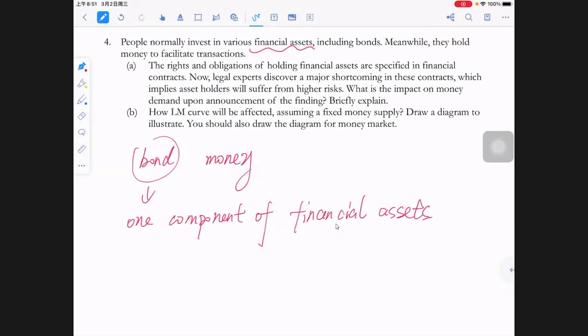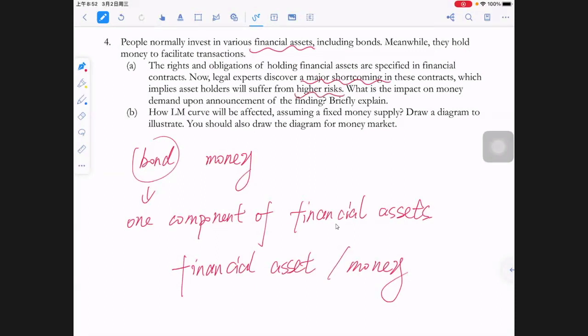Then for this question, people either hold financial assets or hold money, okay? And then let's go back to the question. The rights and obligations of holding financial assets are specified in financial contracts. Now, legal experts discover a major shortcoming in these contracts. So here is a shortcoming, which implies asset holders will suffer from higher risk.